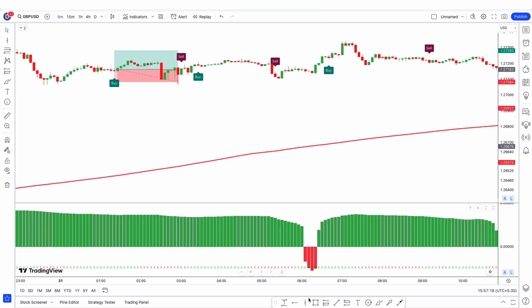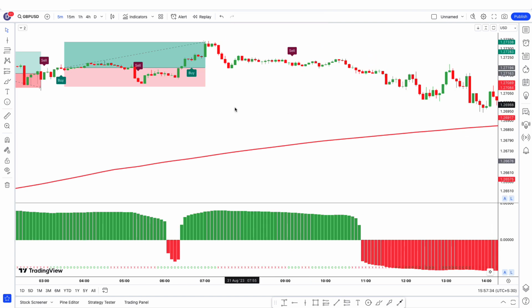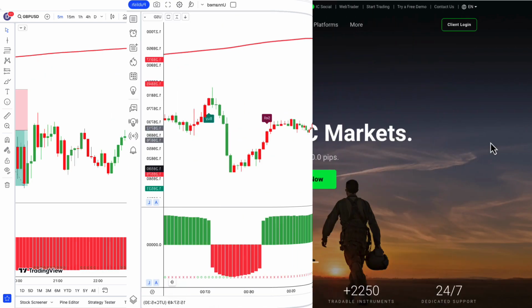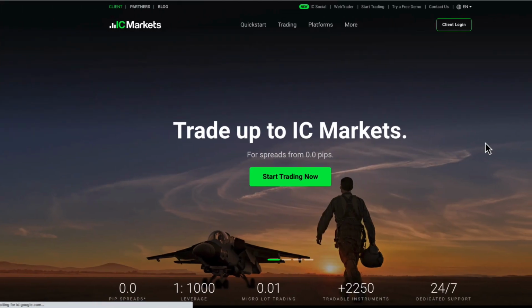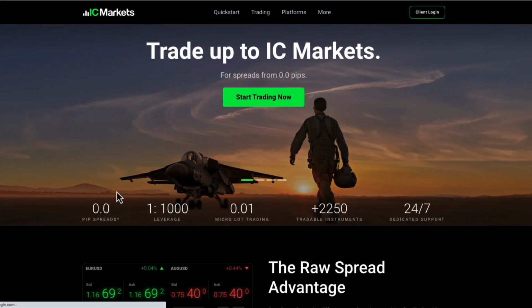We can see that most of the trades are profitable, so do paper trading before live trading. This is actually very important because when you're scalping, every single pip counts. And if you're using a broker with a wide spread, you will have a hard time making a profit.